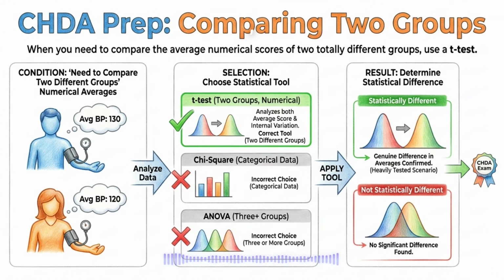The math behind the t-test analyzes both the average score and the internal variation of each group to tell you if the two groups are genuinely distinct. Knowing exactly when to apply a t-test versus other statistical methods is a heavily tested scenario on the CHDA exam.